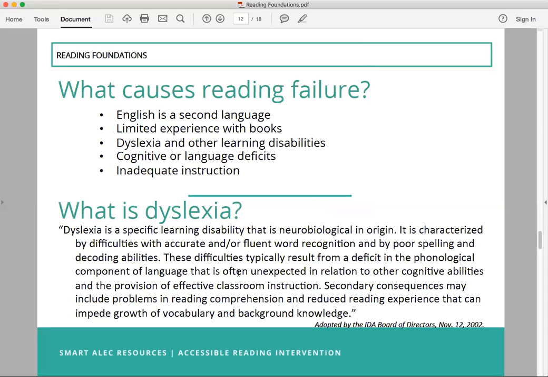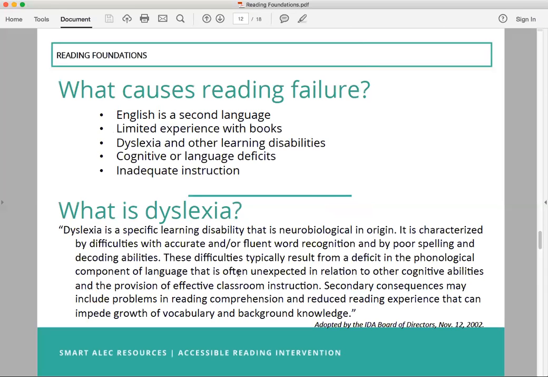So specifically, what is dyslexia? Dyslexia is a specific learning disability that is causing difficulty, again, in that phonological processor. Really, when we think about the definition of dyslexia, it's that a student is struggling to read at the single word level. Potentially, their reading fluency is going to be poor.